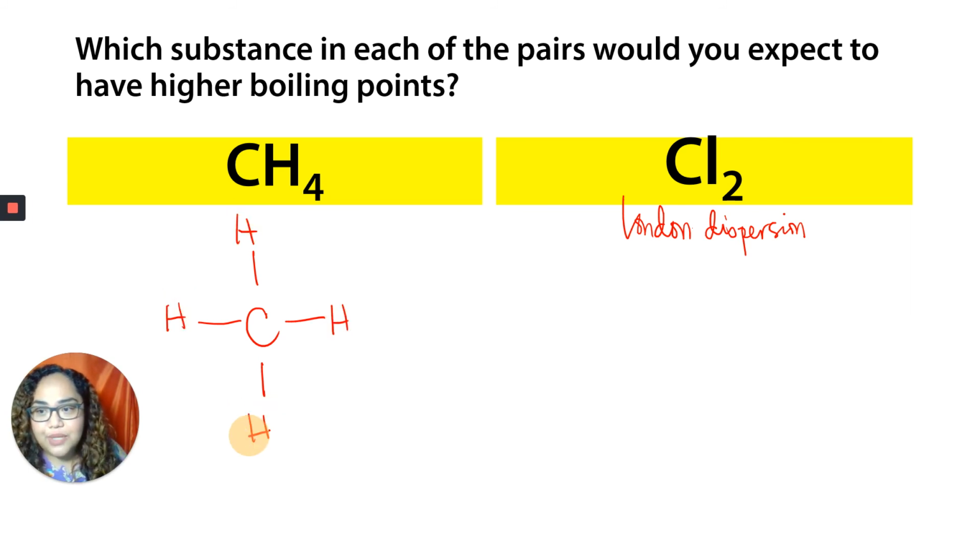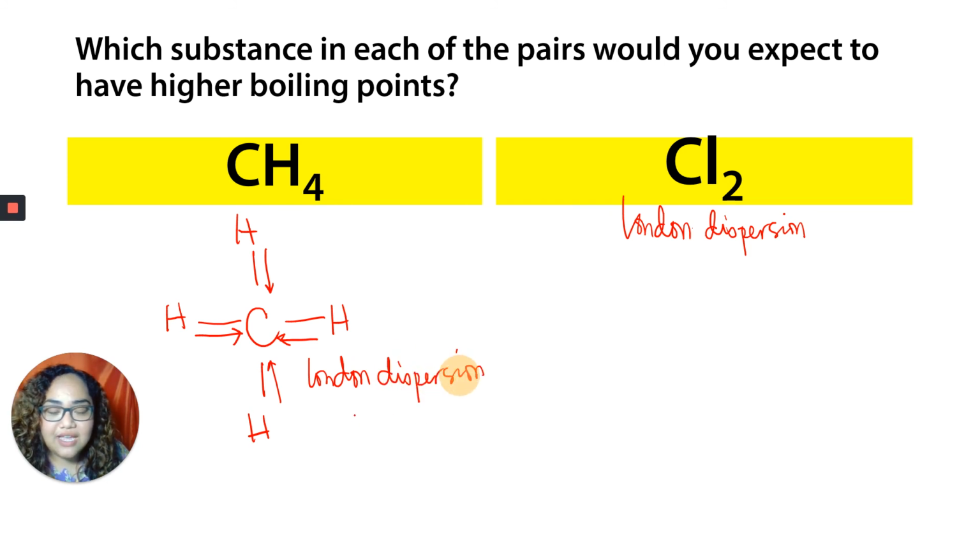Because carbon has a higher electronegativity than hydrogen, all of these electrons will spend a lot of their time towards carbon. So the direction is singular, there is only one direction, which means there is no polarity here. So this would also have London dispersion forces as its main IMF.